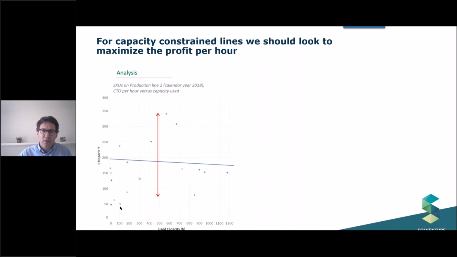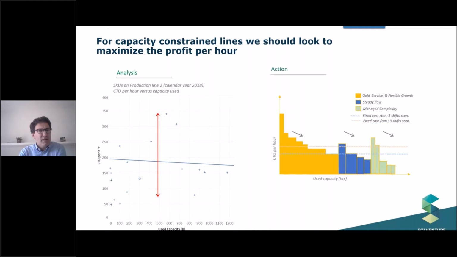What is now crucial and what not? And actually, this way of thinking was then used in their S&OP. So when planning for the capacity of this bottleneck, they map the SKUs per segment and then rank them in a certain order to say, okay, do I want to extend, for example, by adding a number of shifts?